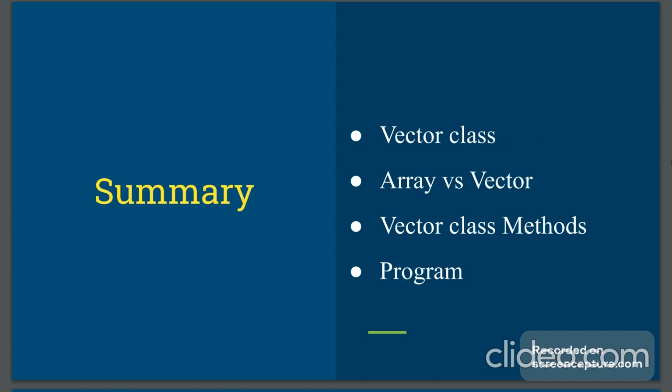This class is available in the java.util package, and the different methods are: addElement, which adds at the end; insertElementAt, which adds the element in between; get, which is used to retrieve the element at an index position; and the contains method, used to search for an element in the vector. removeElement and removeAllElements are used to delete elements from the vector. The copyInto method is used to copy the vector contents into an array of object type.